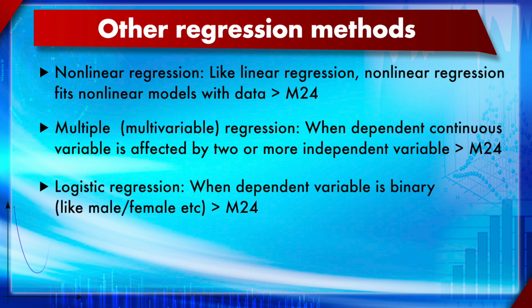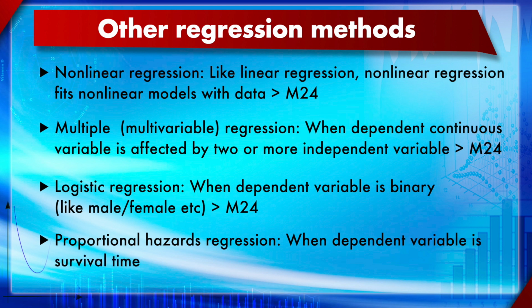Logistic regression is when the dependent variable is binary, like male or female. That is also a subset of multiple regression, called logistic regression, that we are going to explain in module number 24. Proportional hazards regression is used when the dependent variable is survival time. So all these are different kinds of regression methods that you can choose from.